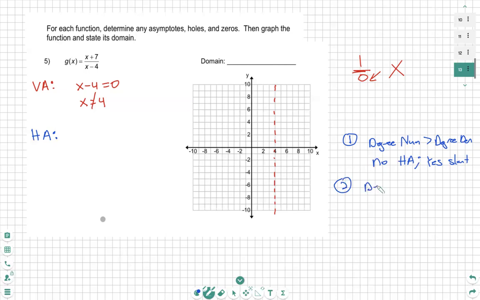Two, the highest degree on the numerator is equal to the highest degree on the denominator. And then what we say is our HA is equal to the ratio of the coefficients.